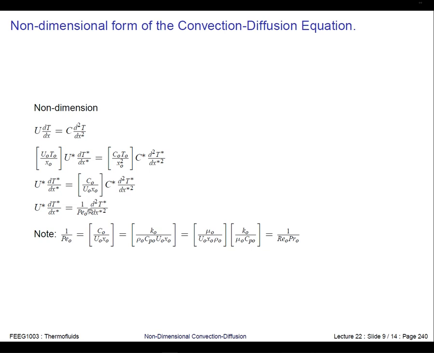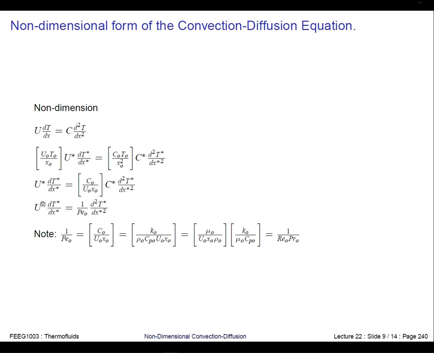The other interesting thing about the equation is, if you remember, the u stars and the t stars and the d by dx stars, they have no dimensions. So this term has no dimensions, and this term has no dimensions. So because this is the only term on the left hand side, this must be a dimensionless equation.